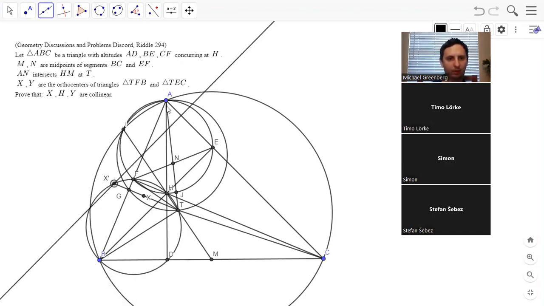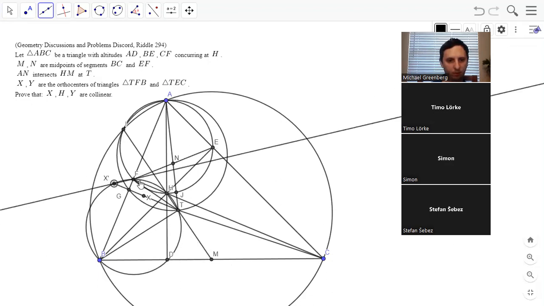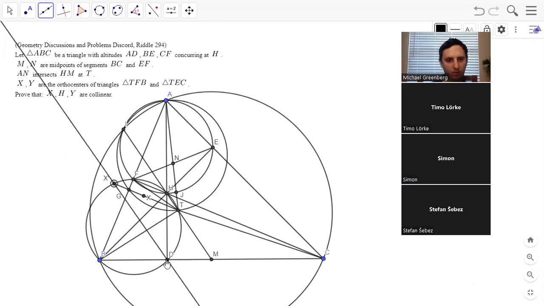Those almost look collinear, but they're not. So if X, let's see, we want to show XH is perpendicular to AT. And we want to use that X as the orthocenter of TFB.